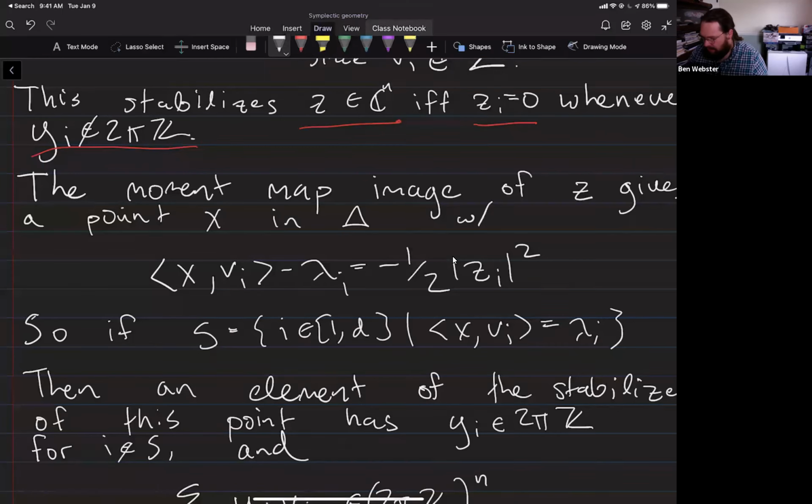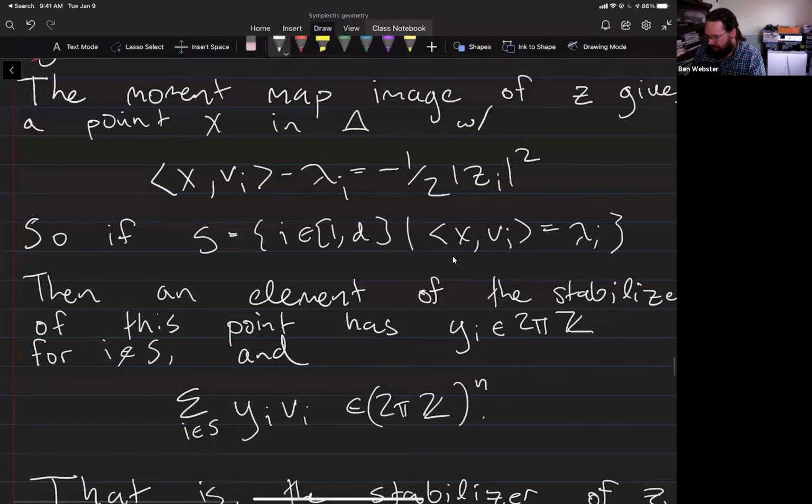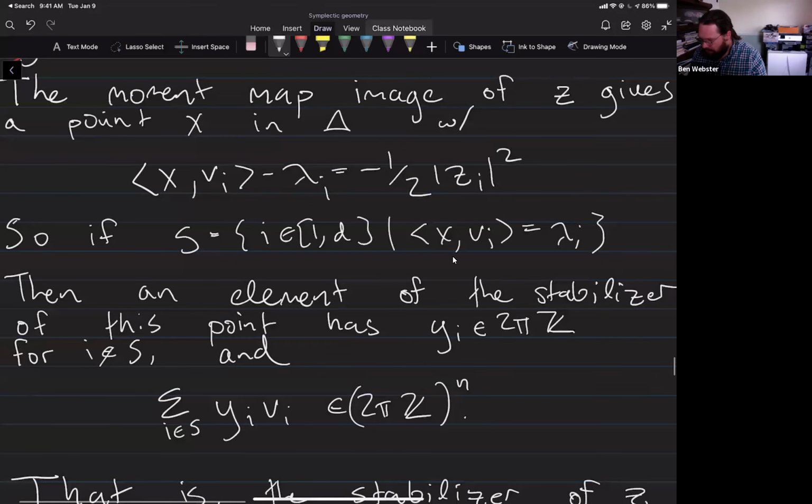So for each point I can consider this set of indices where I lie on that hyperplane, I'll call that set S. So a point is going to be in the stabilizer. Well, for every coordinate that doesn't lie in S, the ZI is non-zero. So my circle coordinate has to be trivial because I have to not be rotating that guy.